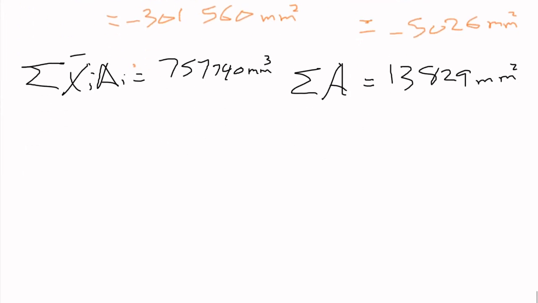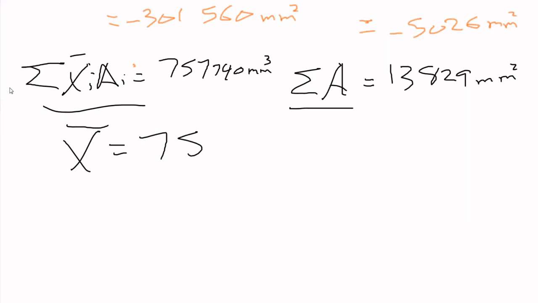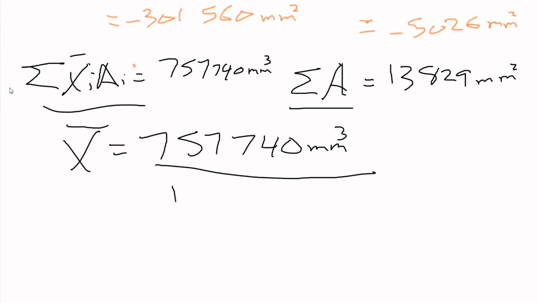And then we just use that to solve for our x bar. So x bar is this here divided by this here: 757,740 millimeters cubed divided by 13,829 millimeters squared.